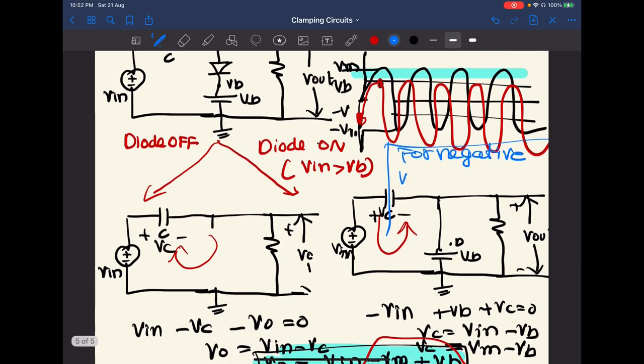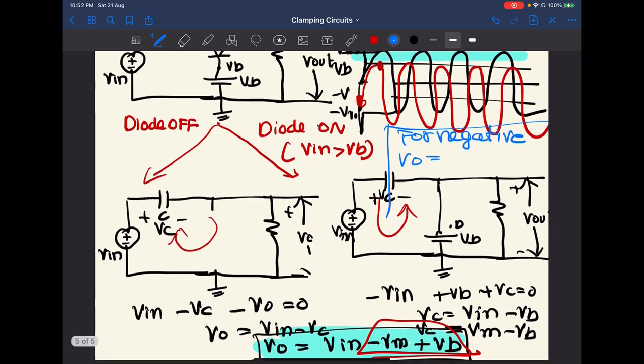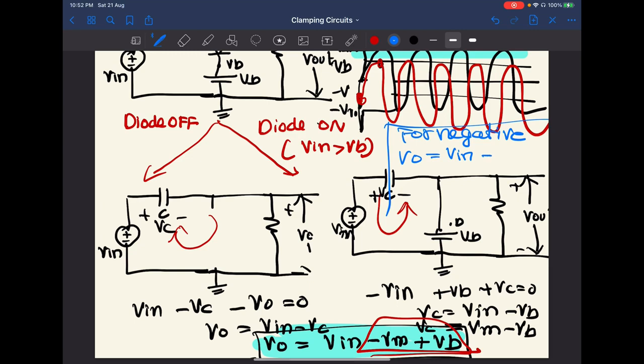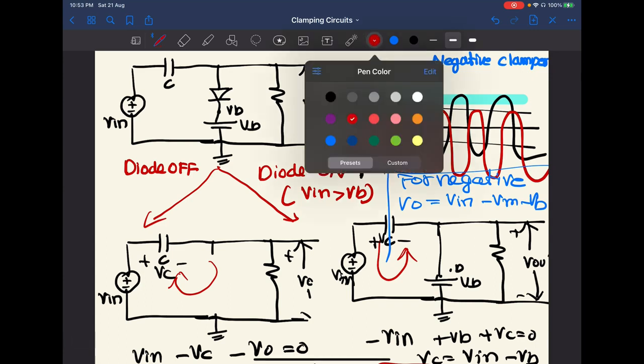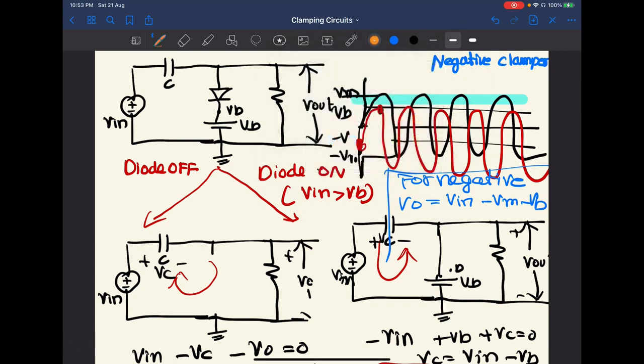So the output voltage equal to V in minus Vm minus Vb. That will be somewhat again down with respect to this one. It will go again down here, somewhat here. It will be starting from here only. This manner it will be shifted.